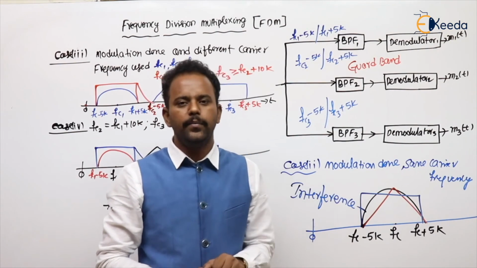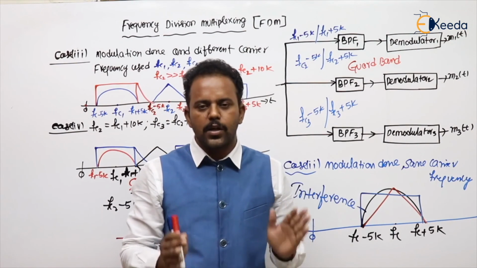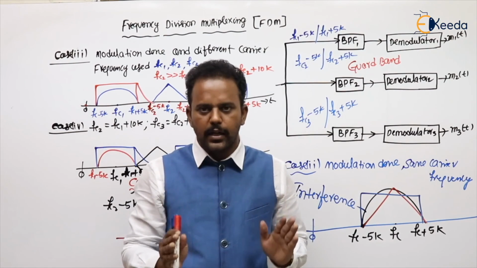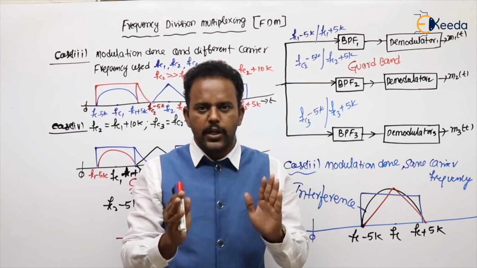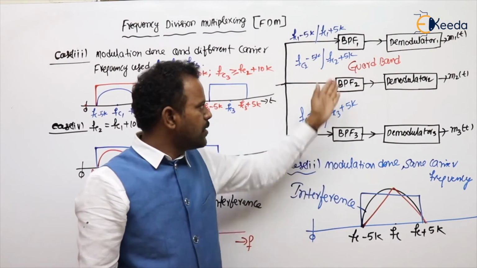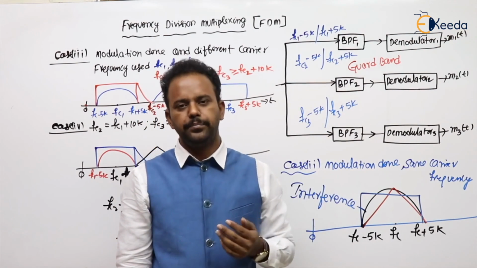So finally, in FDM, how we have to select the carrier frequencies? We have to select the carrier frequencies in such a manner that there exists a proper space called guard band. Then there is no adjacent channel interference, meaning there are no undesired components from the BPF.